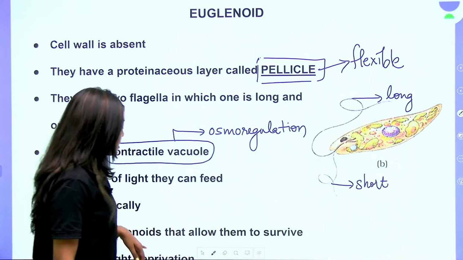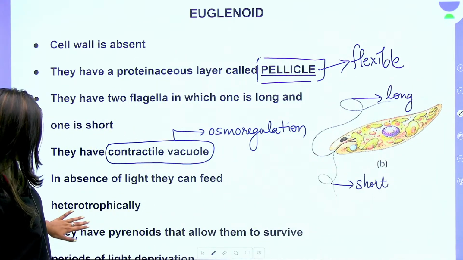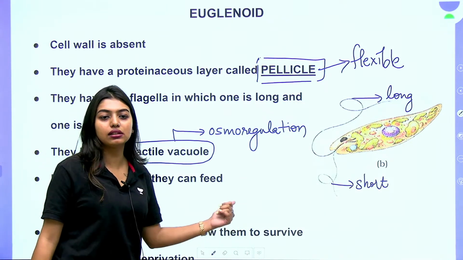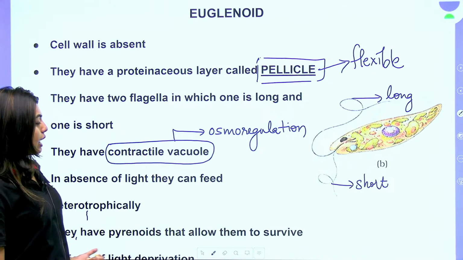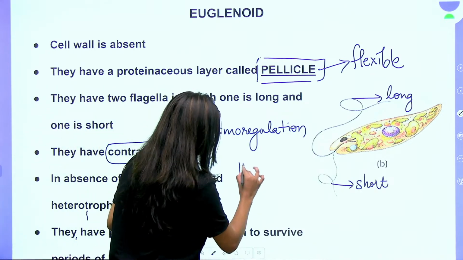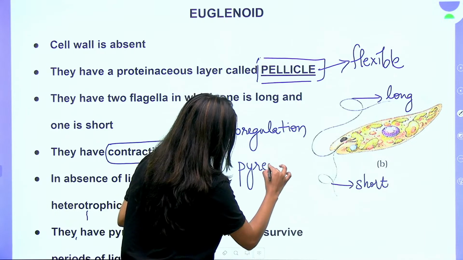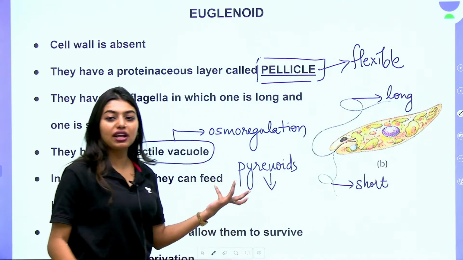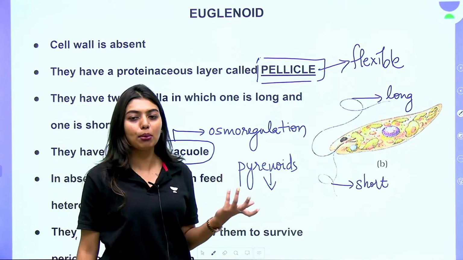Got it? Now, they have pyrenoids that allow them to survive. It basically means they have pyrenoids, a type of carbohydrate, that will help them to survive. It is kind of like a form of starch.